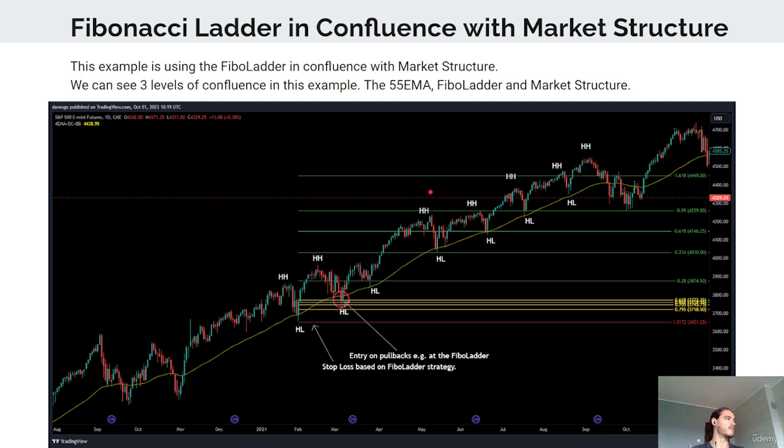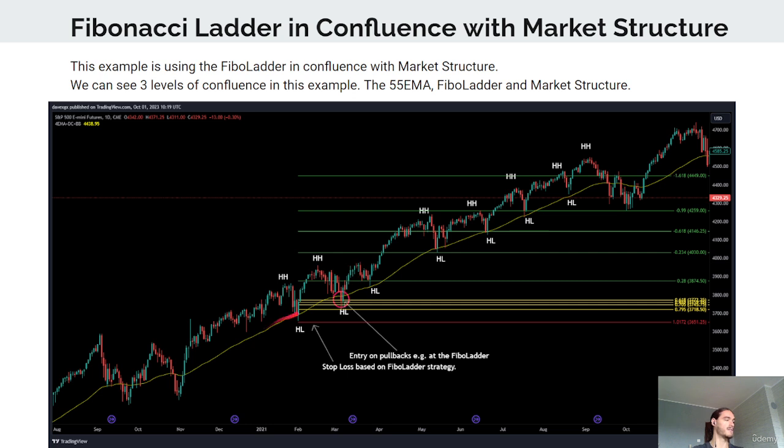And Fibonacci ladder in confluence with market structure. This example is using the Fibonacci ladder in confluence with the market structure. We can see 3 levels of confluence in this example: the 55 EMA, the Fibonacci ladder, and market structure. So as you can see here, we can use multiple levels of confluence. The first one is the market structure. We are in an uptrend, so that's our first level of confluence.